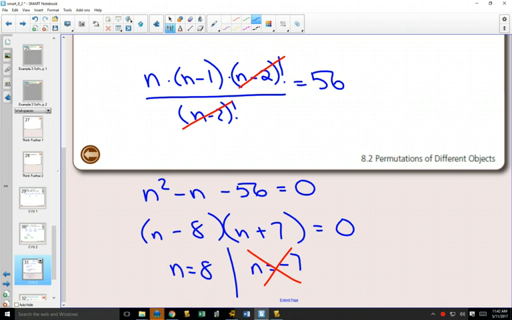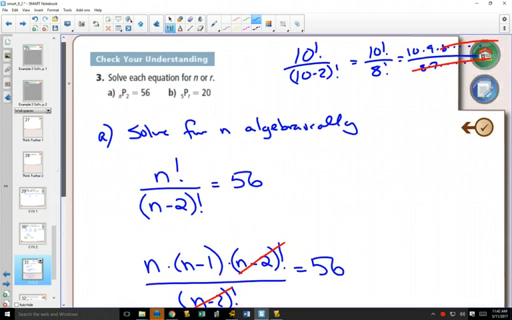This is the algebraic way of doing this. A guess and check way would be saying, what do I know about nP2? The 2 stood for the number of spaces. So if you had 2 spaces and it equaled 56 and the numbers went down by 1 each time, you might be able to just say, hey, I know that it's 8, because 8 times 7 is 56.